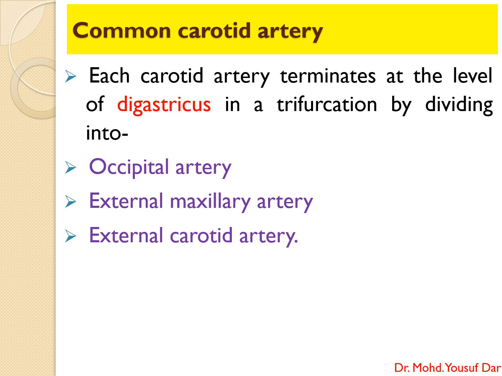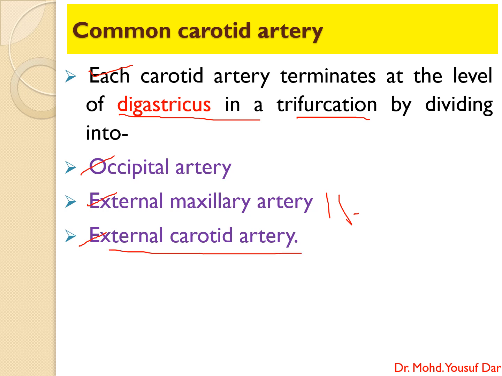When each carotid artery reaches the level of the digastricus, it terminates in a trifurcation by dividing into three arteries: the occipital artery, the external maxillary artery or facial artery, and the external carotid artery.